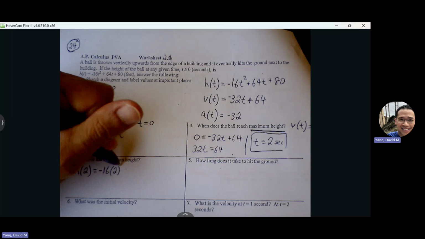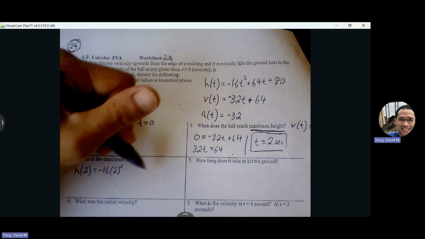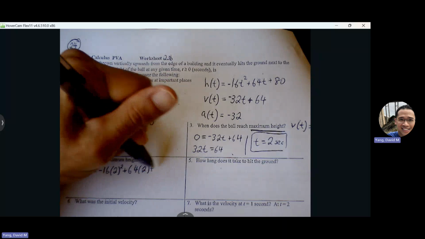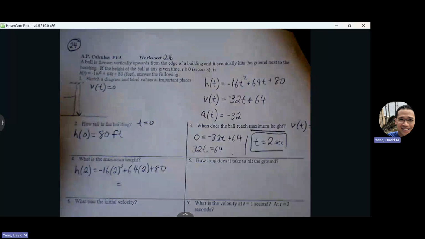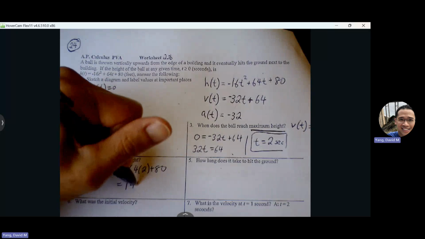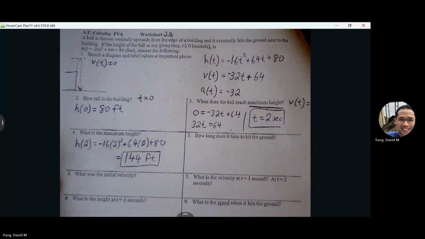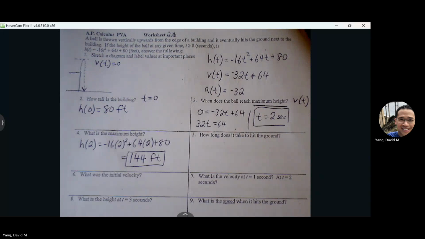On the quiz, it'll be easy enough where you won't need a calculator. But let me just do this for us. We're just adding a bunch of these numbers together, and 144 feet. After 2 seconds, the ball is going to be 144 feet. That's going to be the maximum height. After 2 seconds, it's going to start falling down.